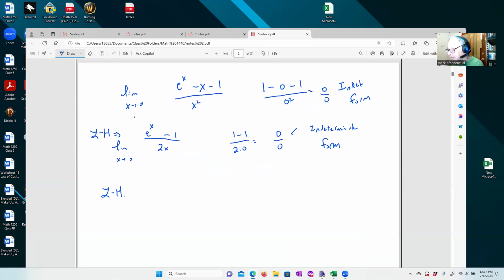So take the derivative, we get e to the x on the top, and we just get a 2 on the bottom. Plug in the limit as x approaches 0, and we end up with 1 over 2, so our answer is 1/2.